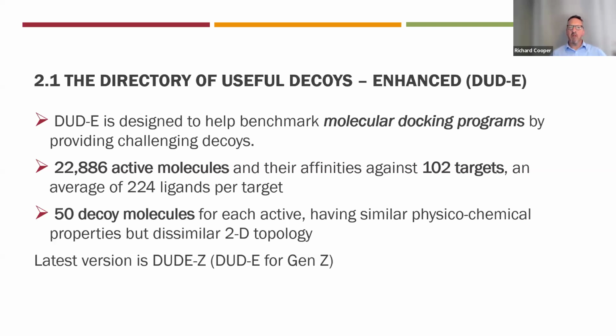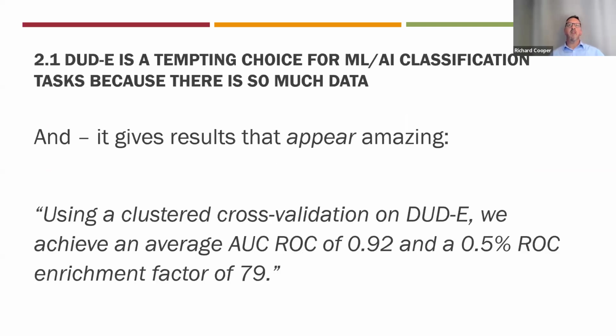And it's this last step, the generation of the decoys, that actually causes the problems for AI-based or machine learning-based methods. Because if you take any method that isn't doing docking, basically, and train it to classify these DUD results, it will give amazing results. Here, this is from a paper. I won't say again what it's from.